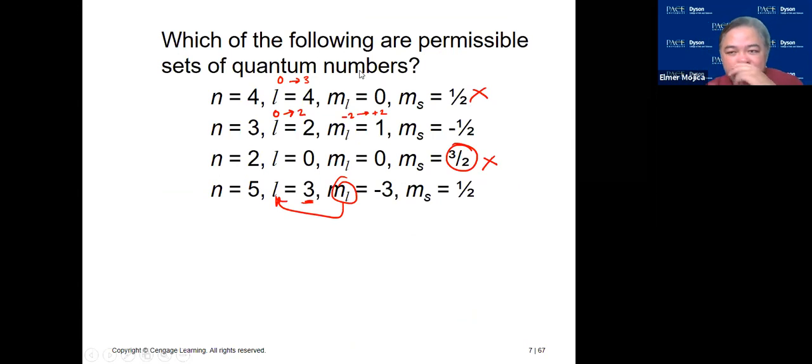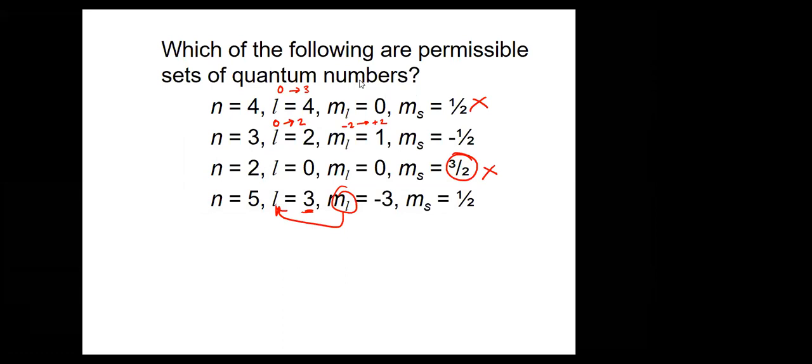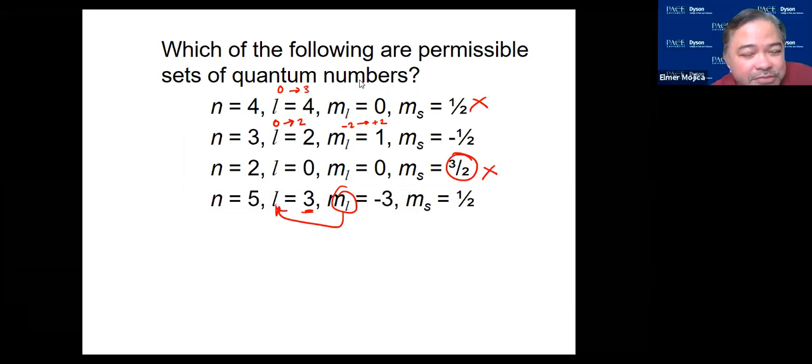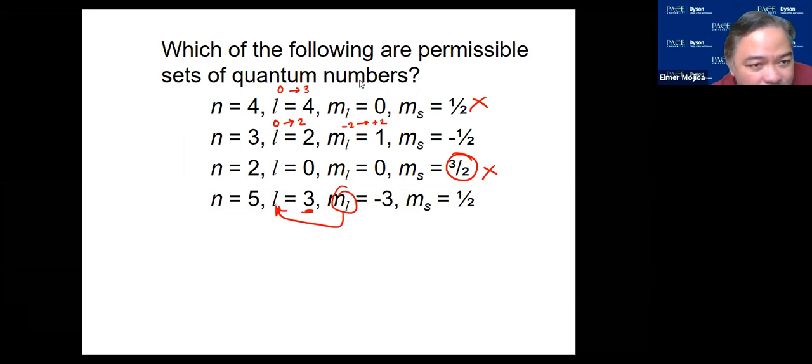You always multiply the number of orbitals that you have by 2. I already told you some of the possible questions that would come out. You might be asked if the set of quantum numbers is possible. You may be asked what the orbital is if you're given the set of quantum numbers. Those are the questions that you will be asked.